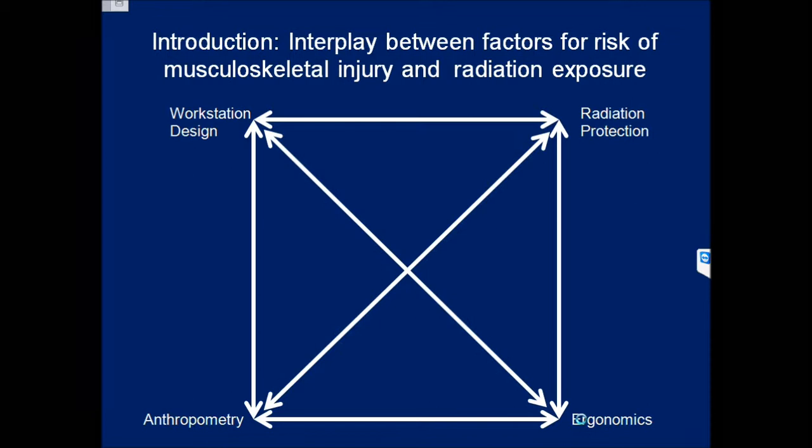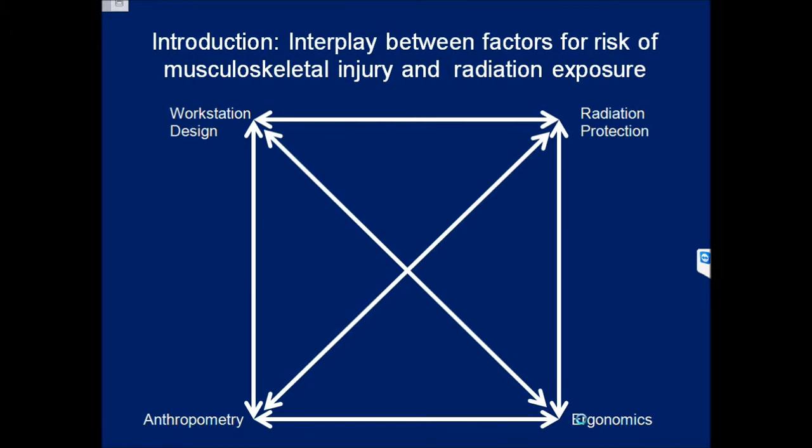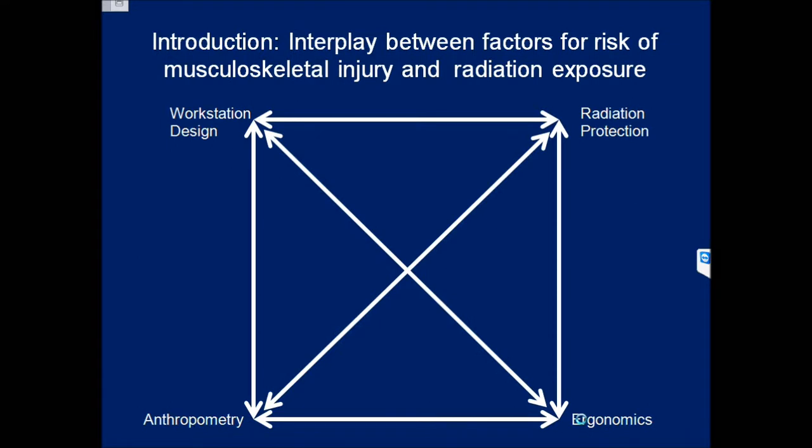My goal was to develop a workstation that's adjustable to the anthropometry of the worker, so that it reduces your exposure and the muscular stresses on the body. In my process, I used video exposure monitoring and a real-time dosimeter.